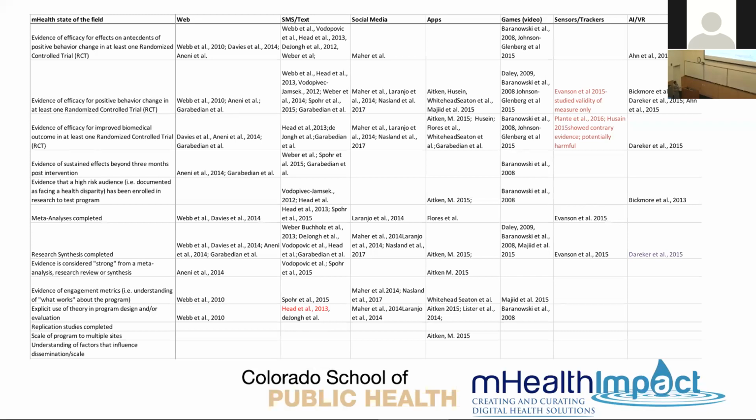We also have a need for much more work in intervention decay. How could you use mobile and digital tools for boosters, for example, or to supplement or enhance interventions? People aren't doing that as much, or we haven't seen as much of that.